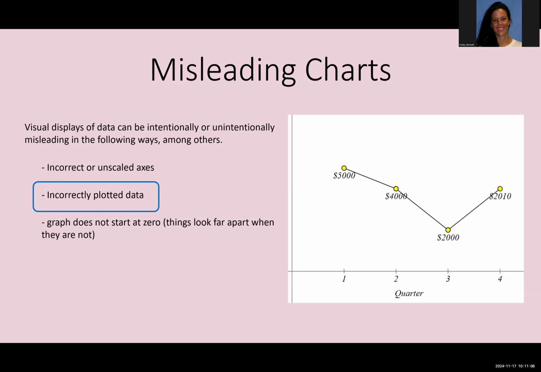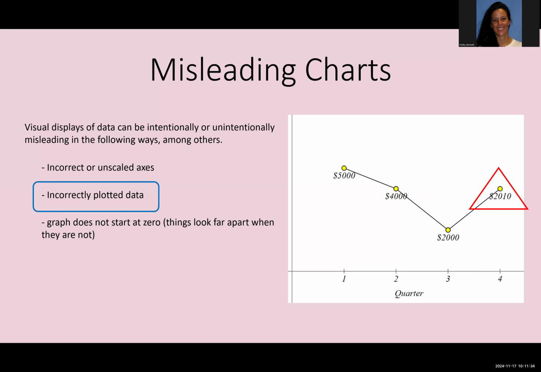So it kind of looks like in the fourth quarter, it really picked back up. But you'll notice something odd, that the height of the fourth quarter and the height of the second quarter are very nearly the same. Yet one of them is 4,000 and one of them is 2010. So that fourth quarter plot is a bit wonky.